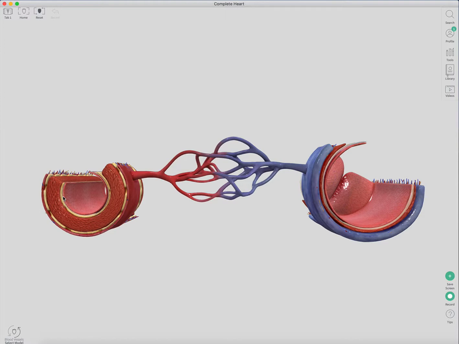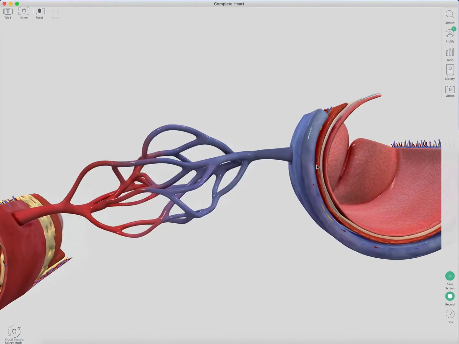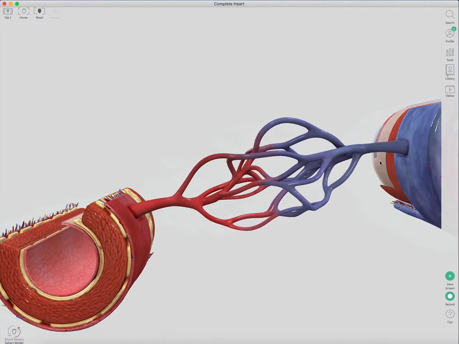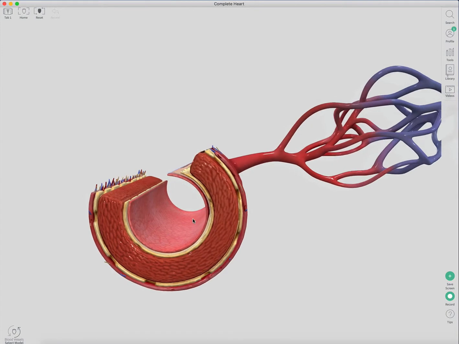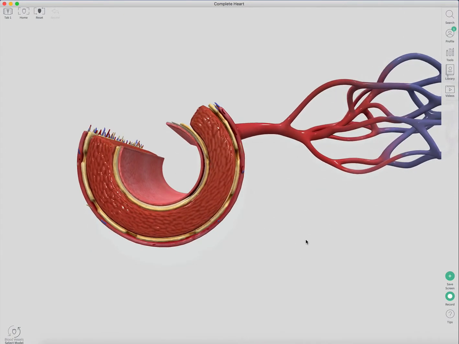They also have many similarities. Their outermost layers, like these layers over here, are known as tunics.